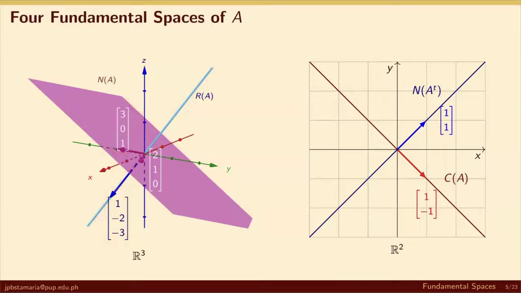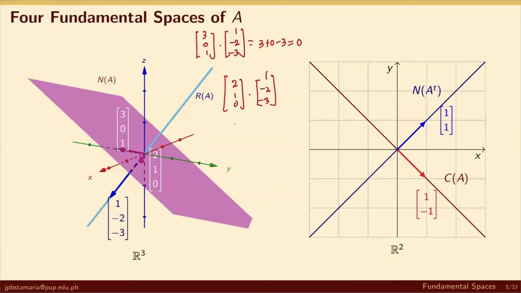You see that the dot product of 3, 0, 1 with 1, -2, -3 is going to be 3 plus 0 minus 3, so it's 0. And the dot product of 2, 1, 0 with 1, -2, -3 is also 0. So this vector is perpendicular to that vector, and this vector is perpendicular to that vector.